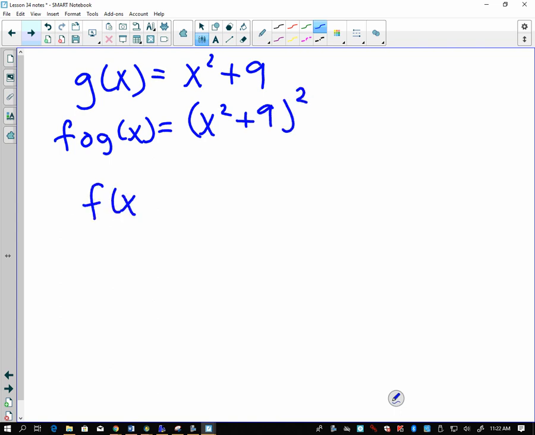So f of x would have to be x squared, because what you can see is g of x has been plugged in. If I simply do away with the parentheses and replace it back with x, I would get f of x equals x squared. Remember, whenever we put things inside, I said make a set of parentheses where the x used to be and then fit the other function in. Here, I'm taking out the parentheses and putting x in where that parentheses was. Okay? One more, just so that we've done it.